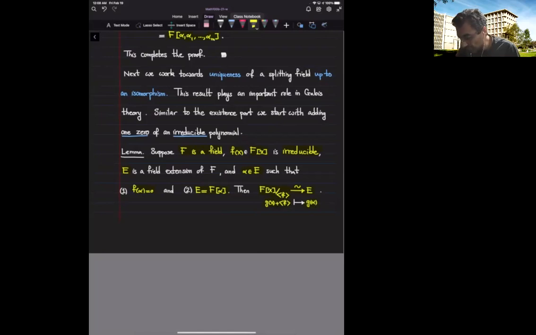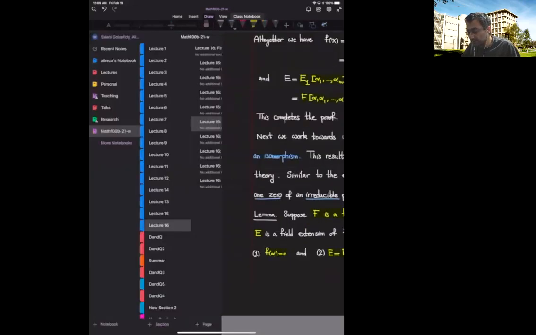Notice that in particular, the coset that's represented by x is mapped to alpha, which is consistent with what we had earlier.